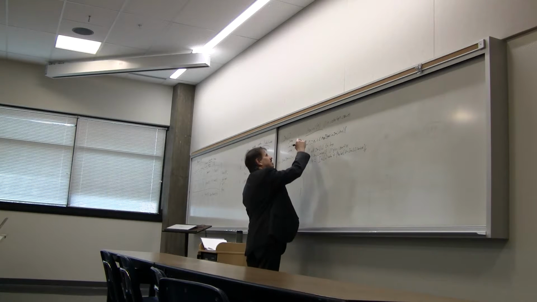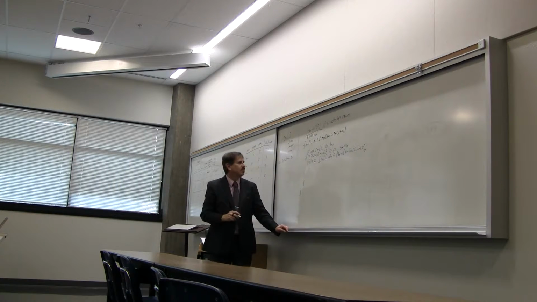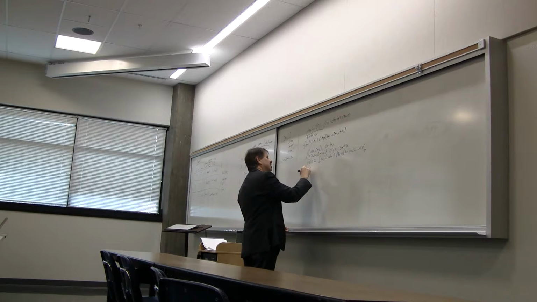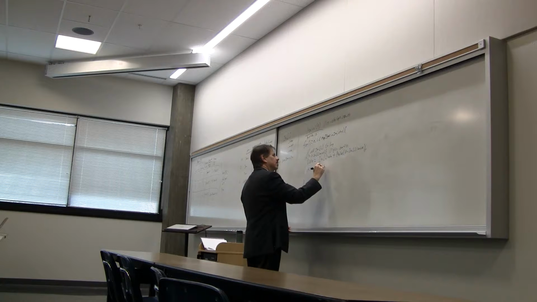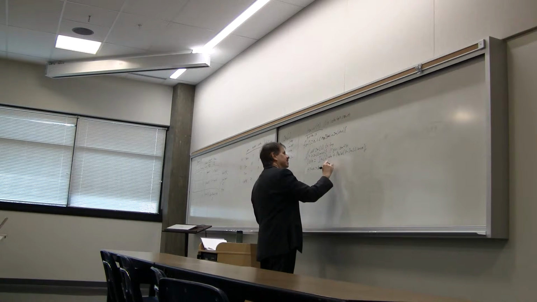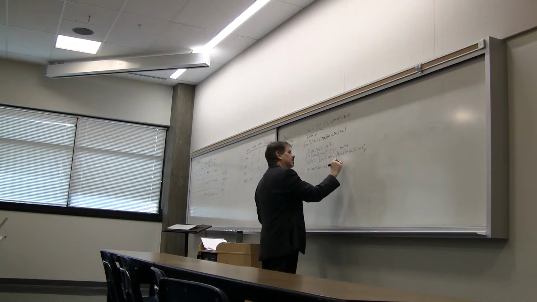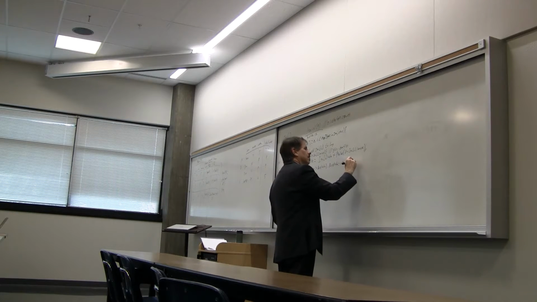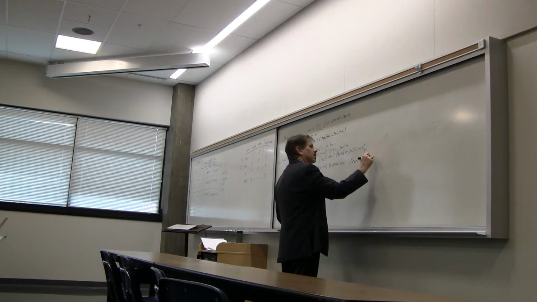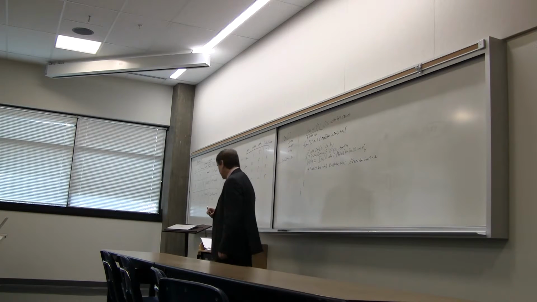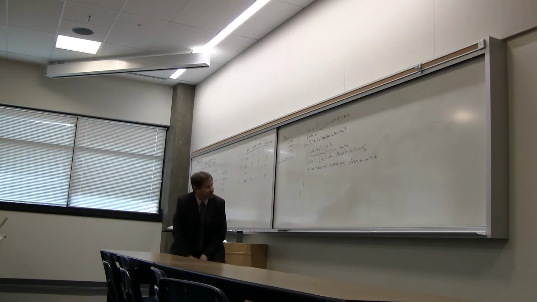So let's initialize this. Best value equals 0. And each time I calculate a value, I'll just say if value is bigger than best value, best value equals value. So that's just remembering the largest calculation that I've made.